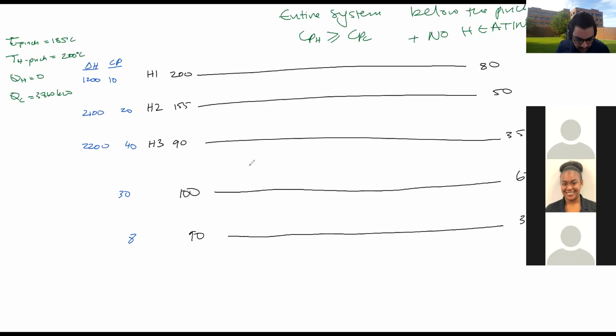I have 60 to 100, so 100 minus 60 multiplied by 30. This is 1200. And then 90 minus 35 multiplied by 8. This is 440. Okay.